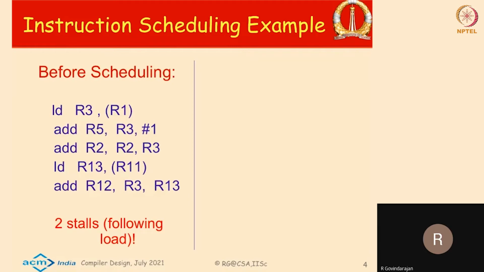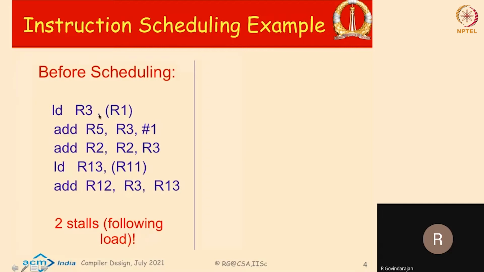In this particular example, we are assuming that there is a stall between the load and the immediately dependent instruction. For example, what you see here between the first load and the add instruction, because the load produces a value in R3, which is being consumed by the subsequent instruction. Similarly, here the load produces a value in R13, which is being consumed in a different subsequent instruction.